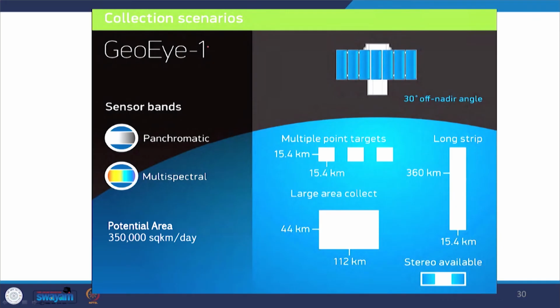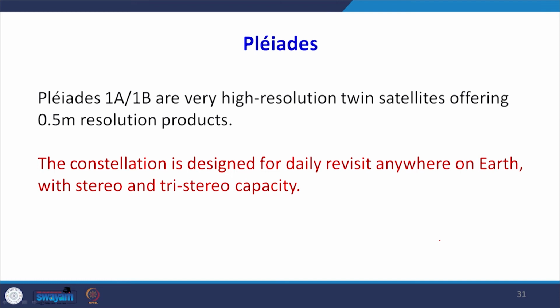The next is GeoEye data. GeoEye has a panchromatic band, multispectral band, and again the data was available in the stereo mode. Geo means earth, so you are seeing through the eye for the whole earth. That is the name which has been taken from there, GeoEye. This is again a commercially available data.